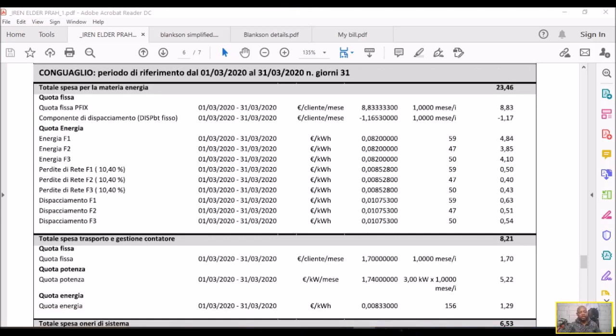Okay, this side here is quota energia. That is to say that it is 0.082 cents per kilowatt, which is a bit higher as compared to the bill I read before, which was 0.040.